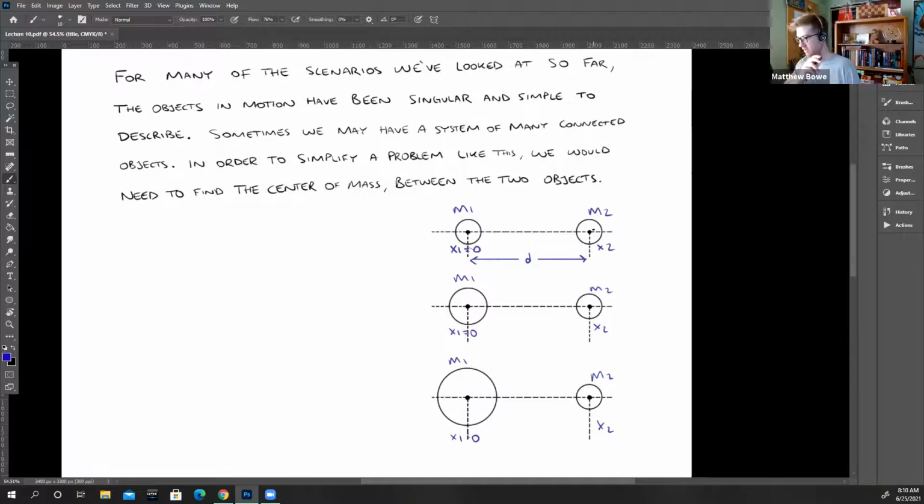Previously, I'd draw a free body diagram. I'd make a dotted line around what I want to look at. In this case, imagine I want to cluster these two together.